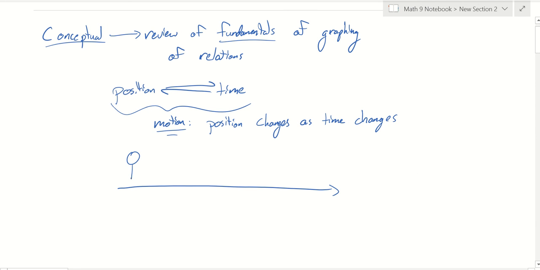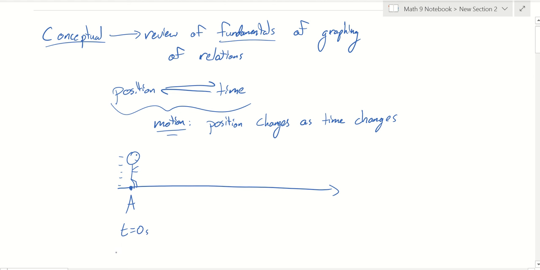So let's say you are running, and let's keep this whole position A, position B framework. Here you're happy to be running. Let's say that at position A, you've really only just started running at that instant in time, so time is 0 here.